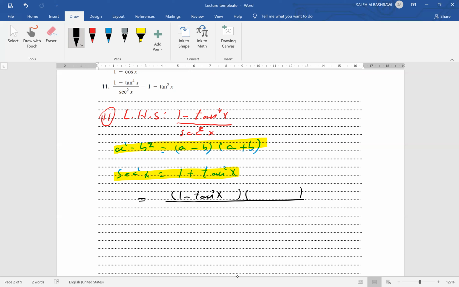Tangent to the power 4 is tangent to the power 2 all to the power 2. And 1 plus tangent square x divided by secant square can be written as 1 plus tangent square.